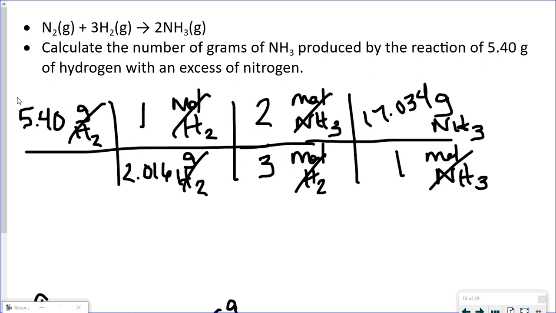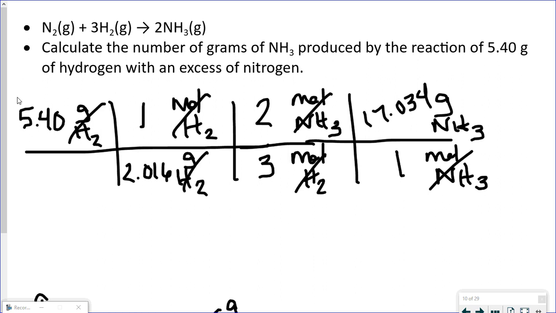Now, some people like to multiply everything on top first and then go back and divide by everything on the bottom. That's perfectly fine. As long as you do the correct function with the correct number, it doesn't matter the order that you punch them in the calculator.